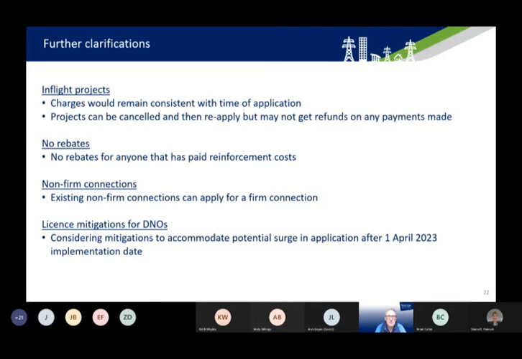And because that was caused by Ofgem, we'd raised the issue that we'd feel slightly aggrieved if we end up breaching a licence as a result of a change that Ofgem's instigated. So they're considering some mitigations on how they deal with our licence obligations, particularly in the period following the April 2023 implementation date. So again, that's something they're consulting on.